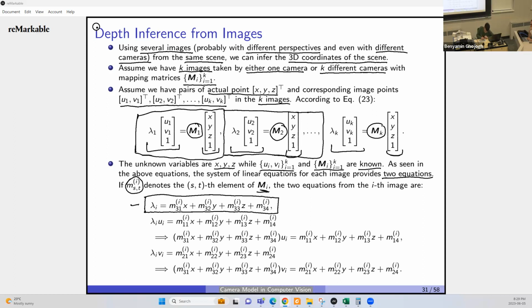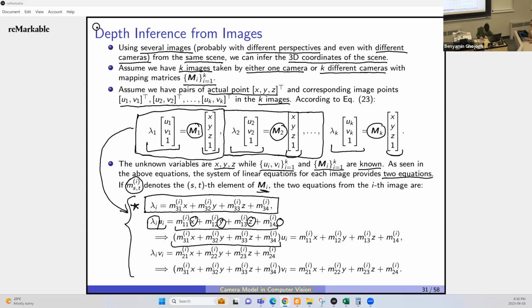Then lambda I will be this; I'm simply writing this matrix format as the equations. Then I have lambda I ui, the first row times x, y, z, 1, and then I will replace lambda I with what I found here.